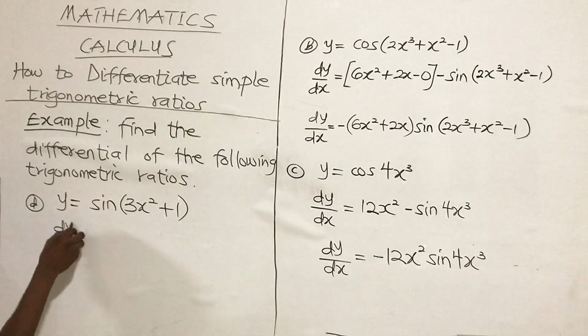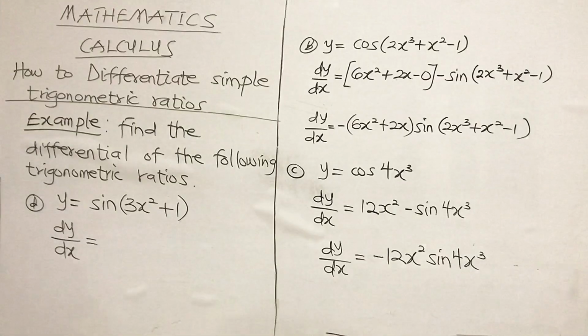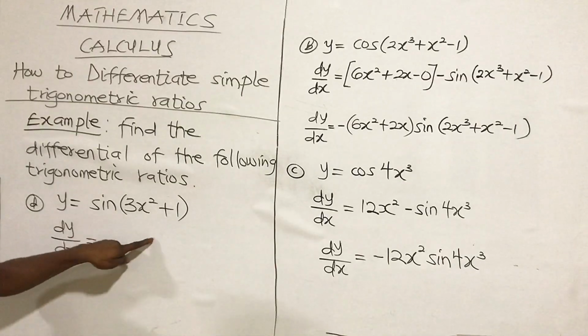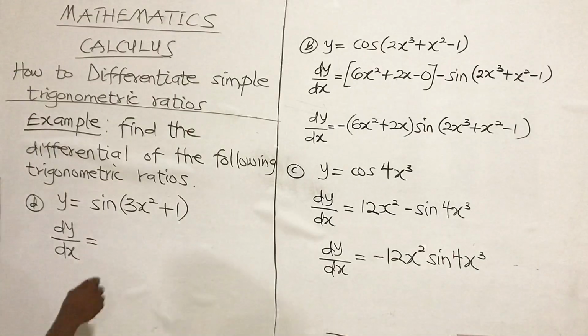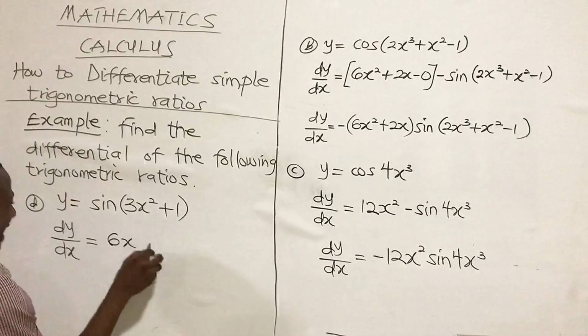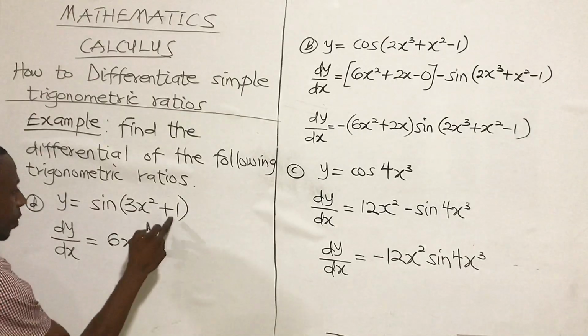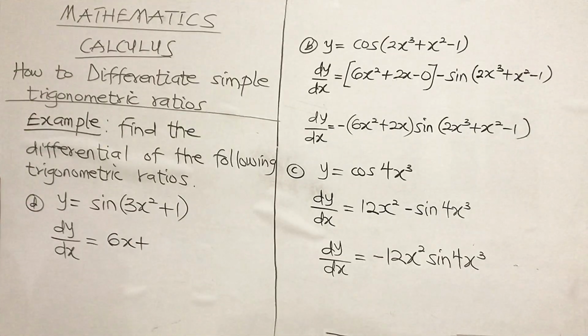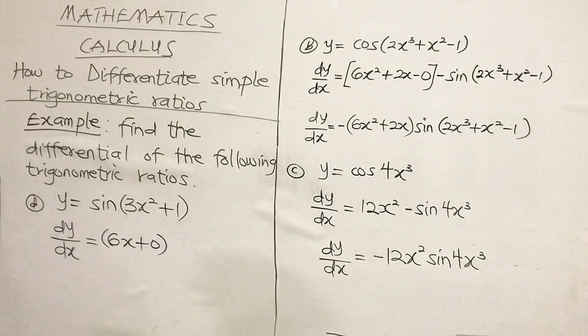So we have dy over dx is equal to, I'm going to start from the bracket. So when I differentiate 3x squared, I have 6x plus, when I differentiate 1, we are going to get 0, because 1 is a constant.